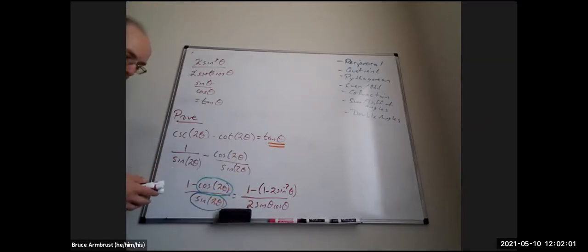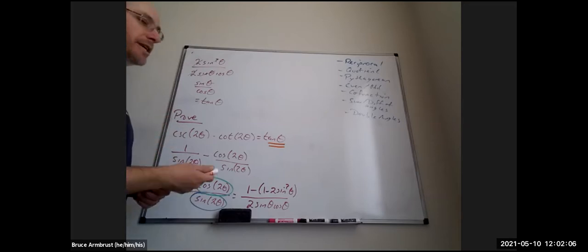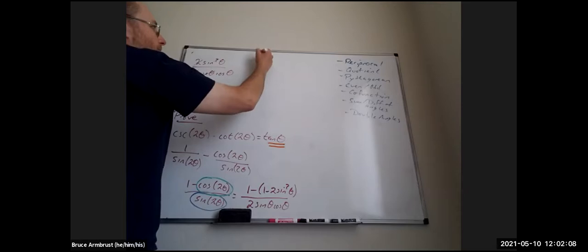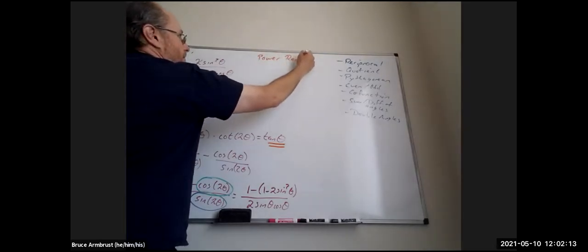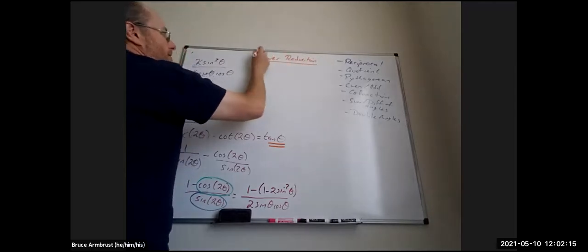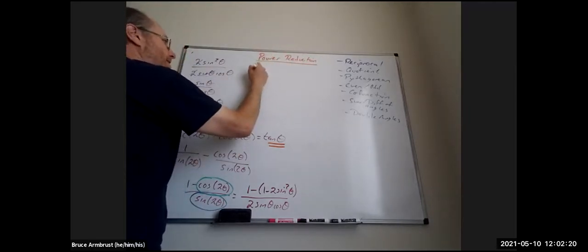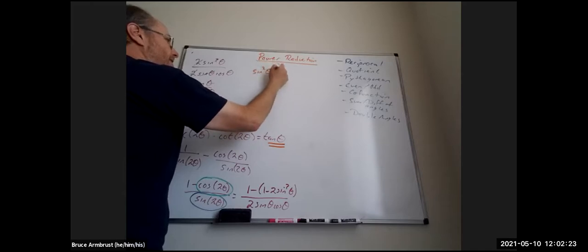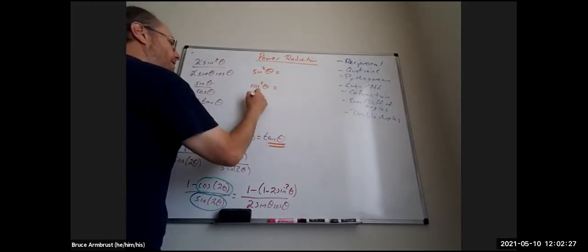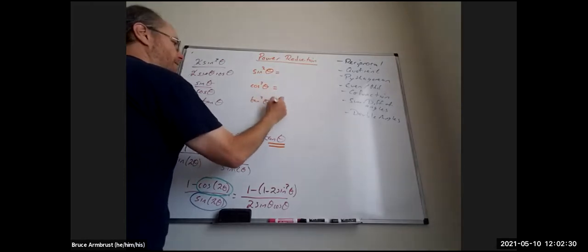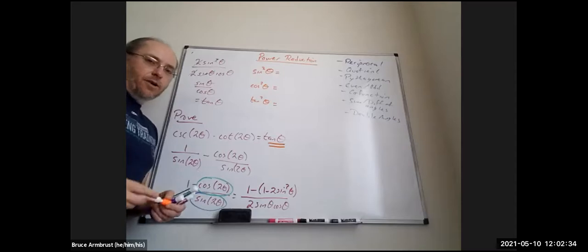All right, so here are the next set of identities we're going to create. And these are called the power reduction identities. And they are going to do exactly what they sound like. They are going to take sine squared, cosine squared, tangent squared, and turn them into things that don't have squares.